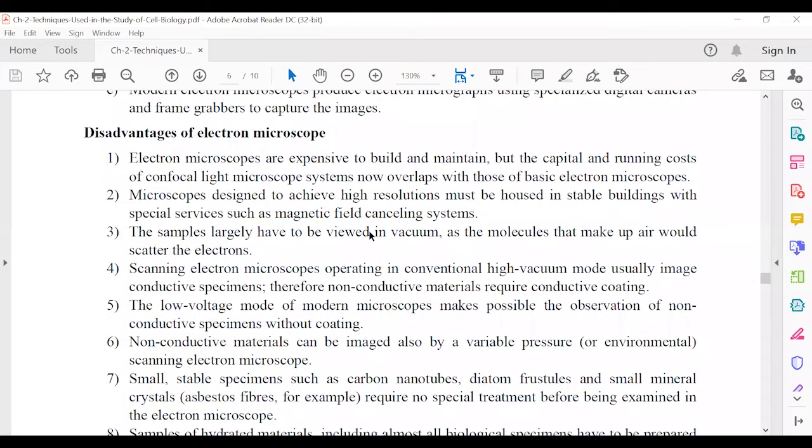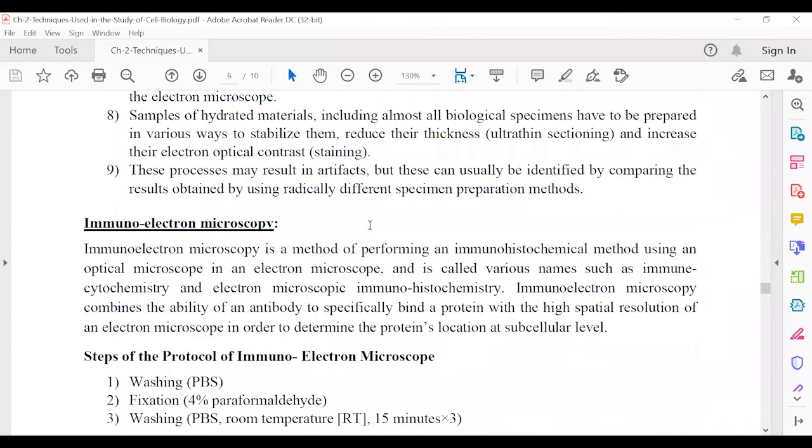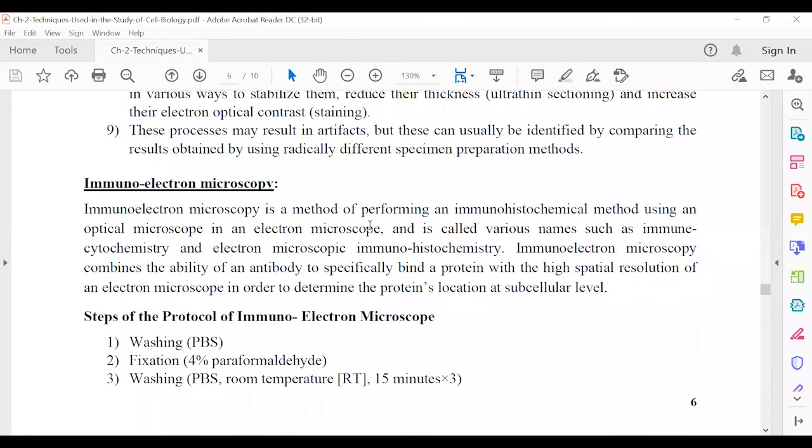Next, immunoelectron microscopy. Immunoelectron microscopy is a method of performing an immunohistochemical method using an optical microscope in an electron microscope, and is called by various names such as immunocytochemistry, immunomicroscopy, or immunohistochemistry.